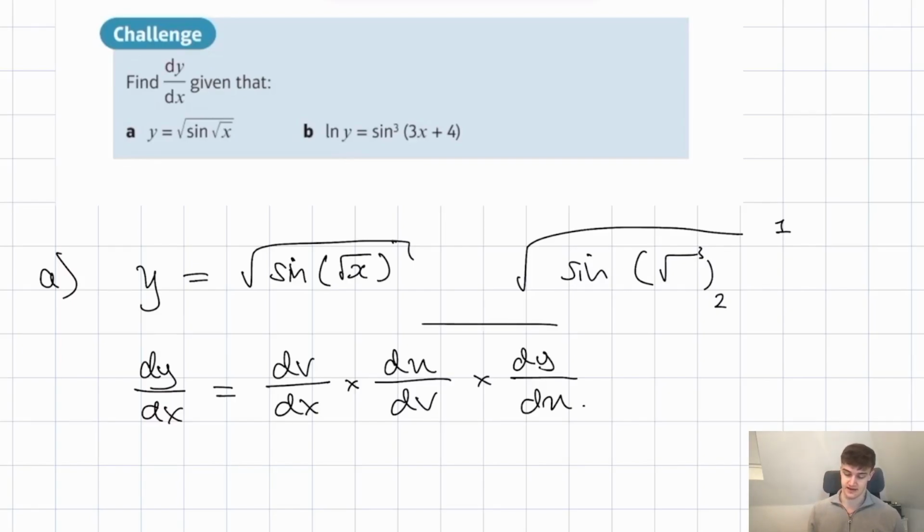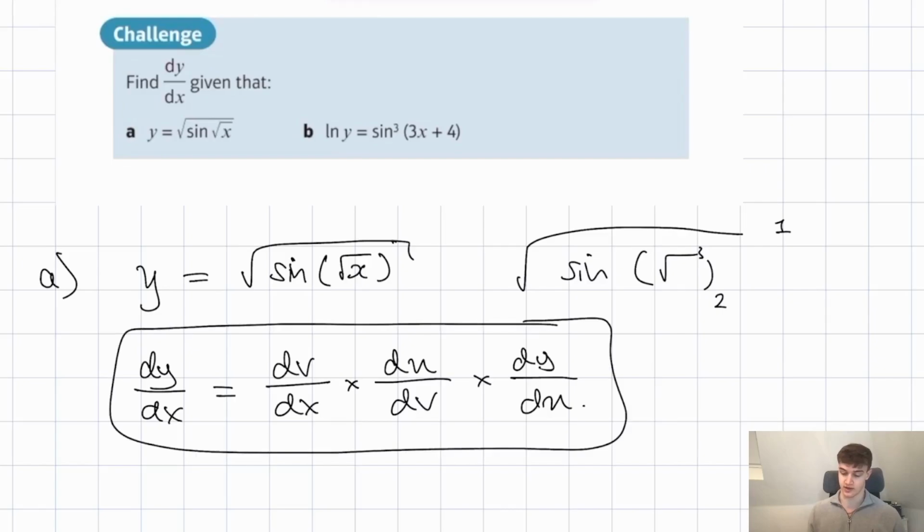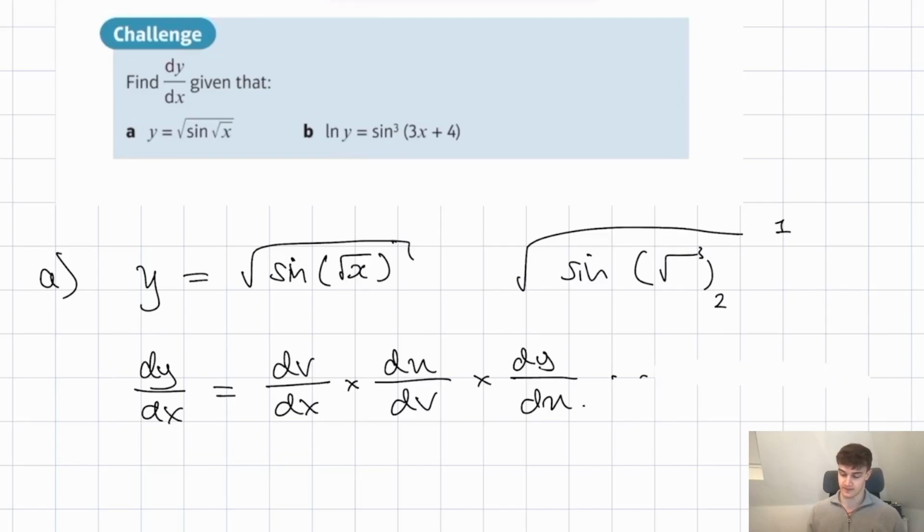This is an extended version of the chain rule, and this would keep on going and going. You can kind of see it by the fractions because these are going to cancel and these are going to cancel if you want to look at it that way.